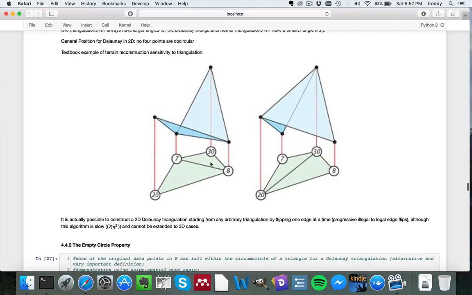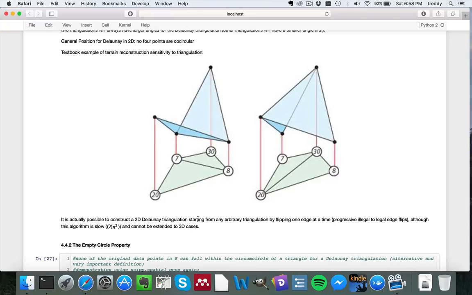It is actually possible, using the flip graph brute force approach, to just edge flip. You can start off with any arbitrary triangulation you want, so any maximal non-crossing set of edges, and then just flip edges. Progressively convert edges that are illegal to edges that are legal, meaning that there are fatter, larger angles in the resulting triangles.